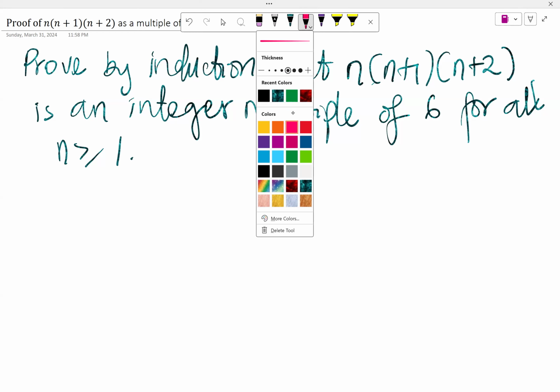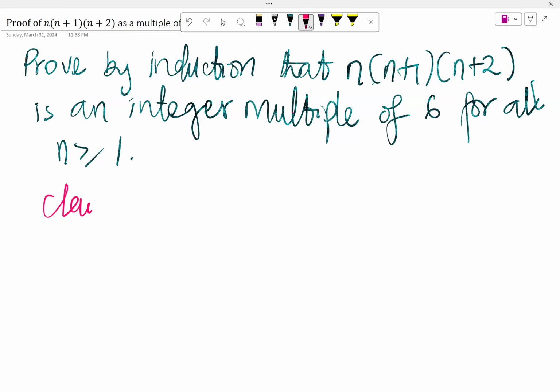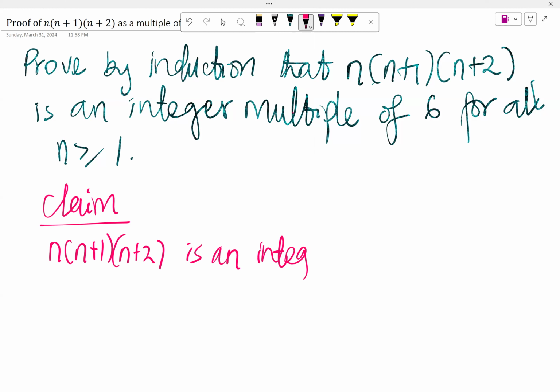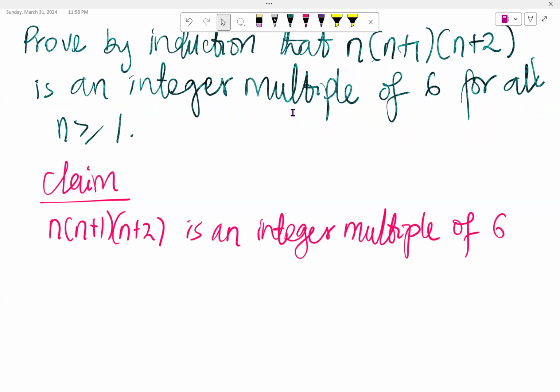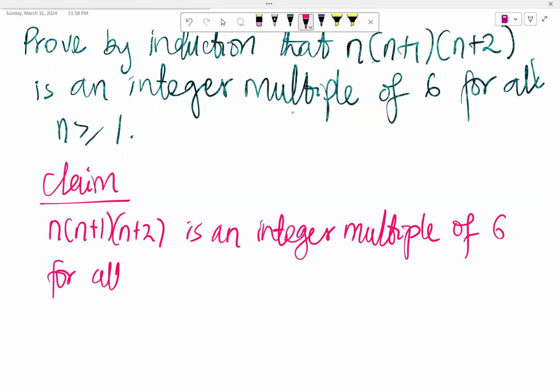So the first one we want to do is to clearly state the claim. The claim here is that n into n plus 1 into n plus 2 is an integer multiple of 6 for all n greater than or equal to 1.